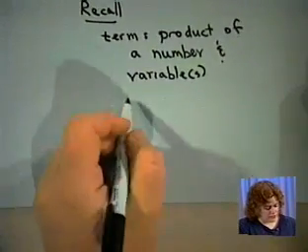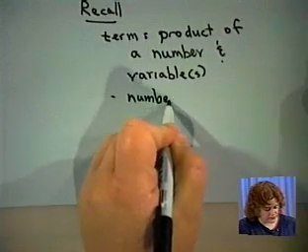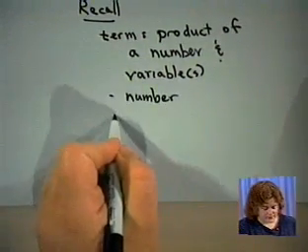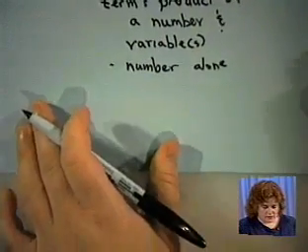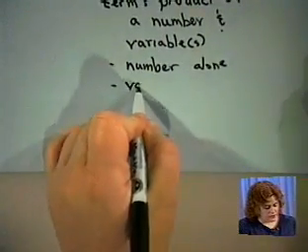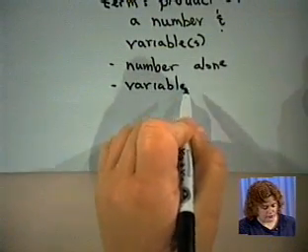It may come at you as a number standing alone by itself, just a constant. And the variables may or may not be raised to a power other than 1.